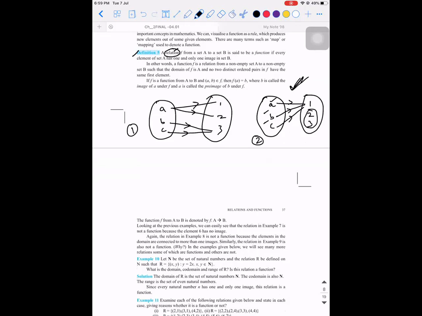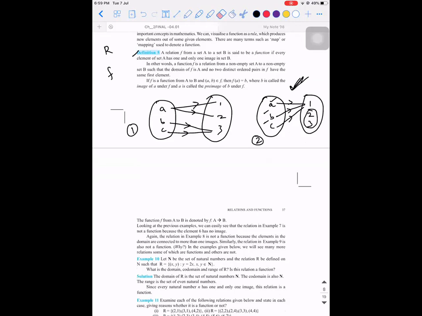So now let's try to read the definition. Till now, relation was represented by the symbol R. Now, instead of using R for the relation, if you start using F, that represents a function. That is a general notation that is used for us to understand. So that's why the definition starts like this.